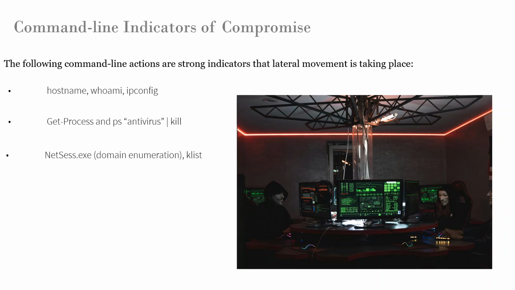Or domain enumeration, klist, Kerberos ticket hijacking. Net group "domain admins", enumerating domain administrators. cmdkey /list, listing currently stored credentials. If these commands are detected, it's vital to treat the system as compromised and initiate an incident response process immediately.